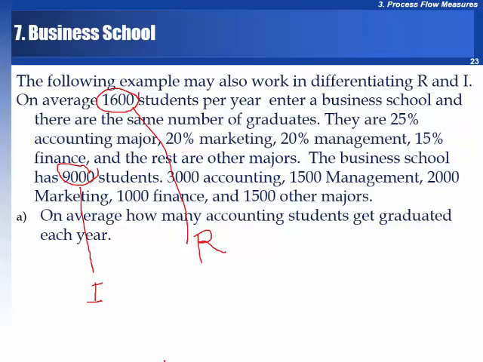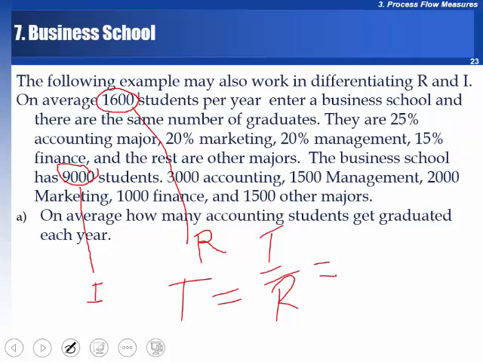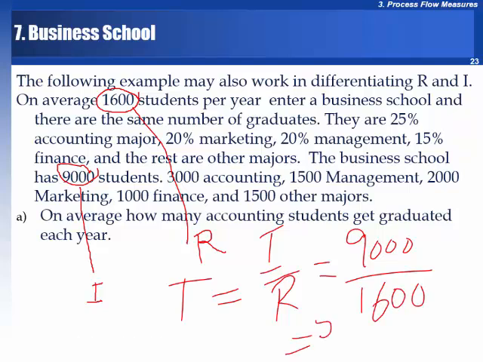And our question is, how long does it take for a person to graduate? Throughput times flow time is equal to inventory. Therefore, flow time is equal to inventory divided by throughput, and inventory is 9,000 and throughput is 1,600, 5.625. So on average, it takes more than 5.5 years for a person to graduate in this college.